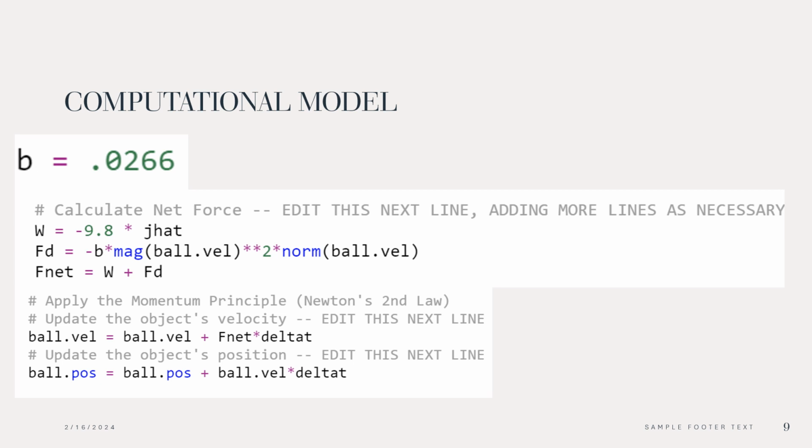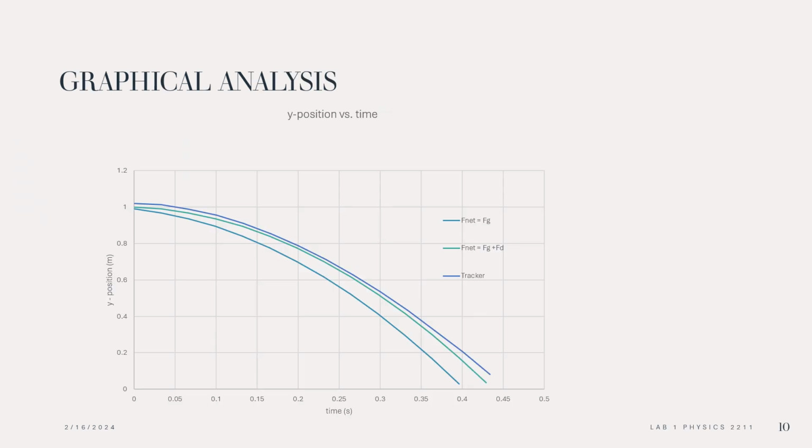All right, similarly, our position is going to be updated at a similar time. The ball position is going to equal the velocity of the ball times delta t for every single iteration, right? So this is going to update, so we get that quadratic shape. As you can see in the graph, we got that perfect quadratic shape. That dark blue line on the top is the tracker.